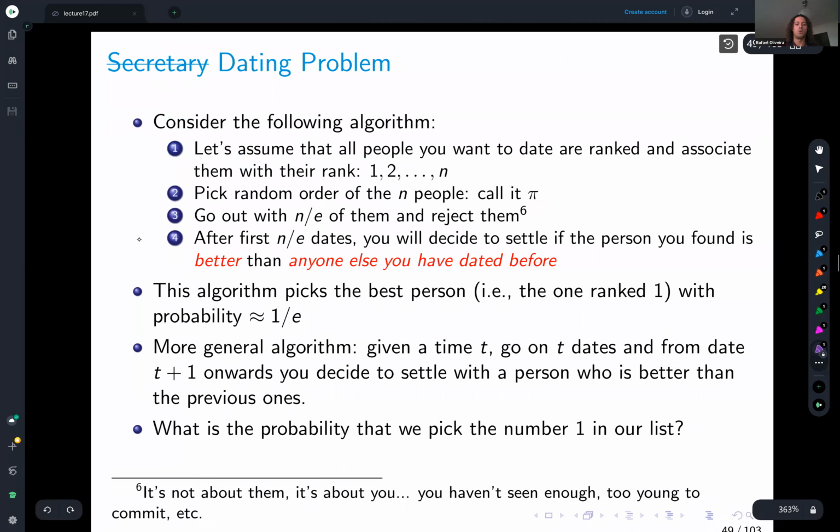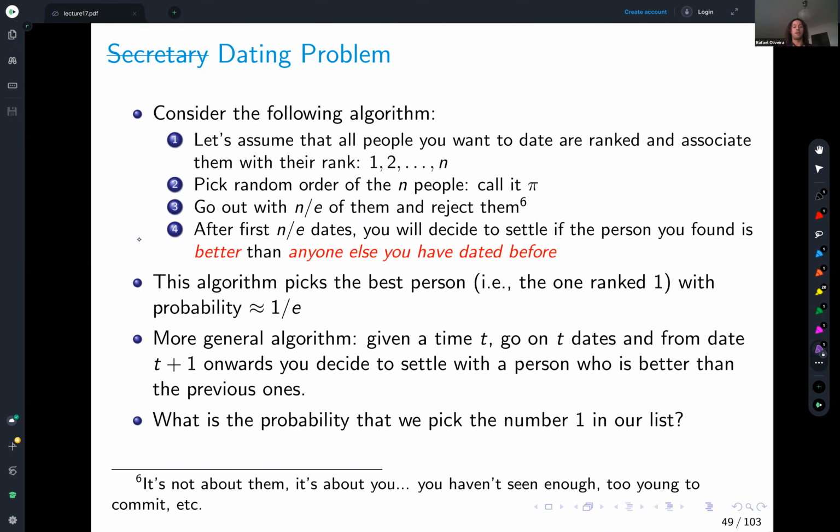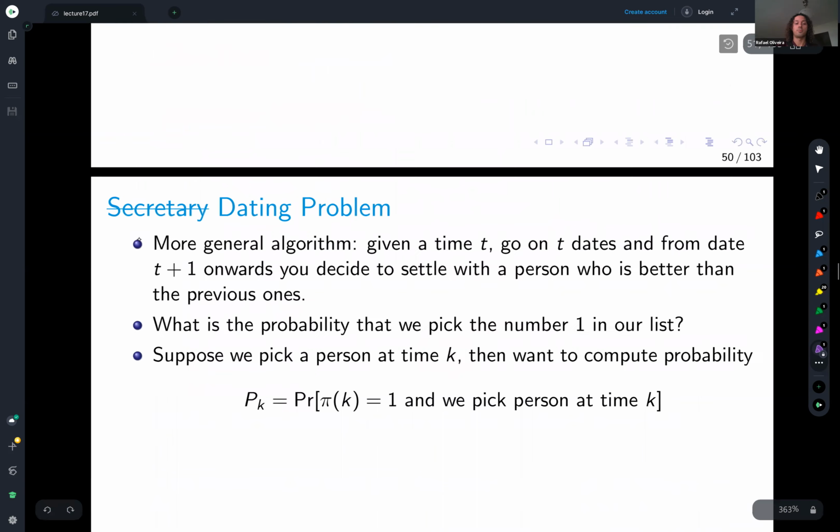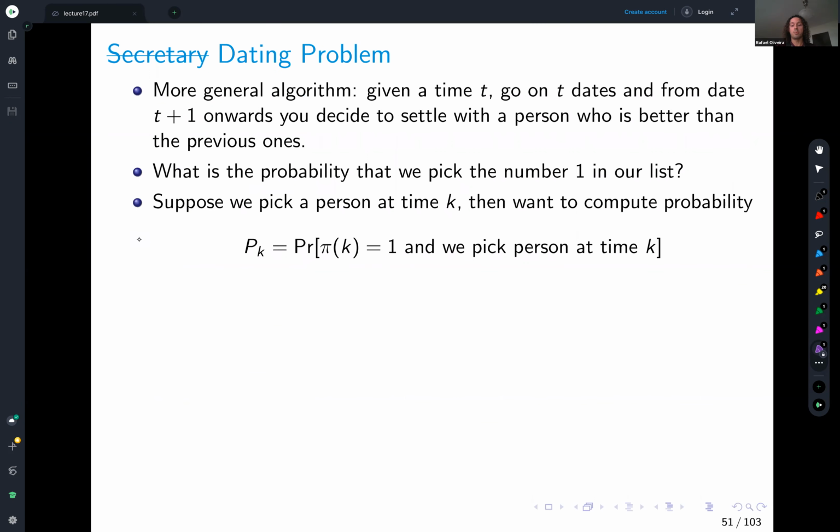All right, so now, given this algorithm, what is the probability that we pick the number 1 in our list, the best person out there? So, let's start analyzing this problem. Suppose that we pick a person at time k. That's when the algorithm told you, I will pick the person at time k.